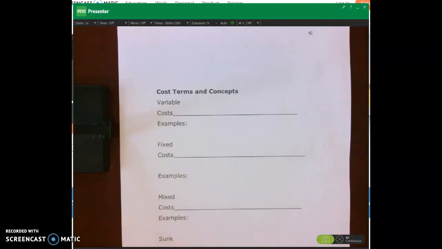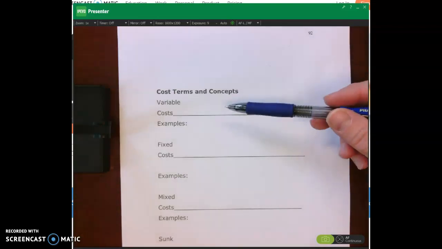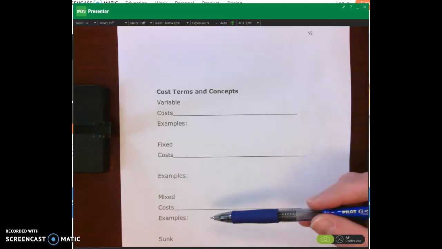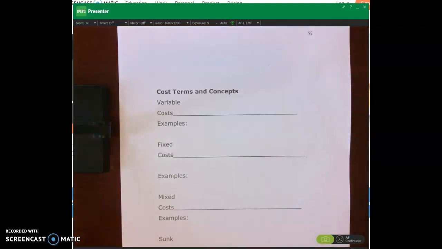Hello and welcome. In this lecture video, I'll be talking about key cost terms and concepts in managerial accounting. A lot of the cost terms and concepts that I'm talking about right here, especially variable costs and fixed costs, and then also mixed costs as well, we will discuss several times throughout the rest of our discussions on managerial accounting.